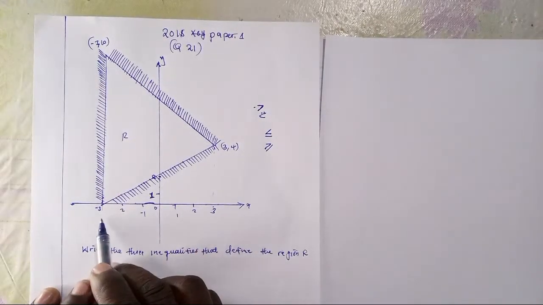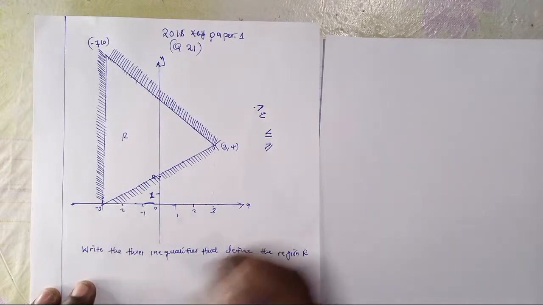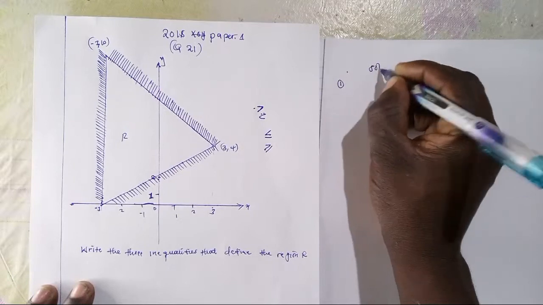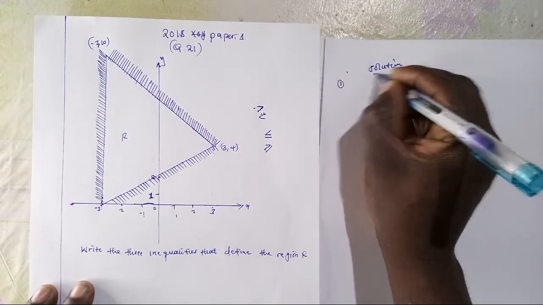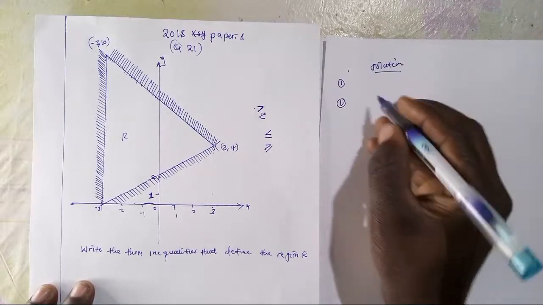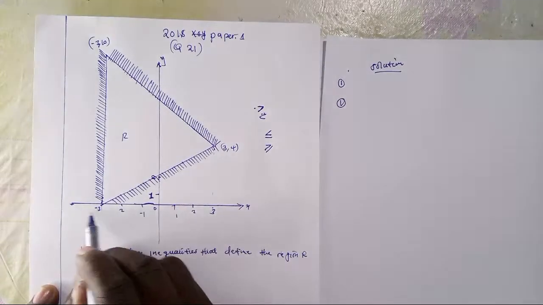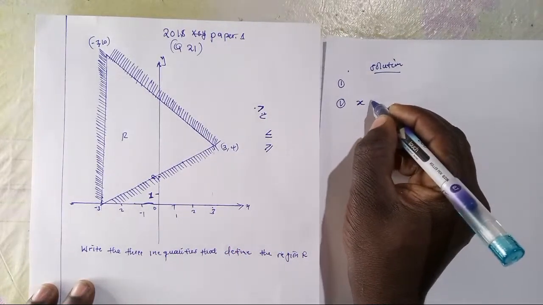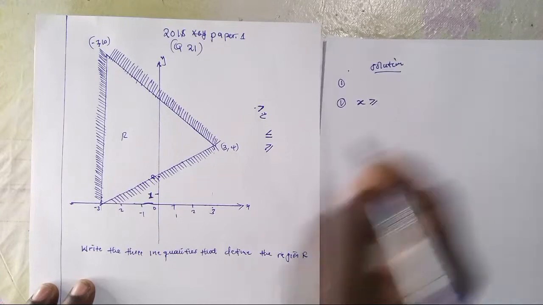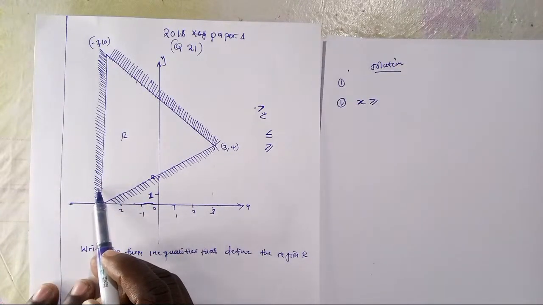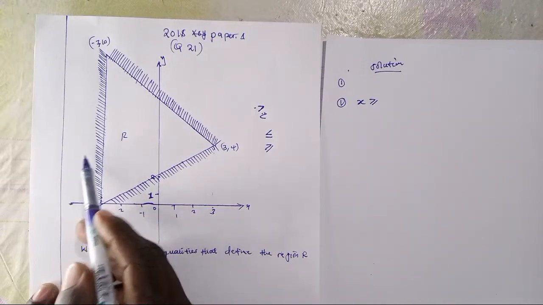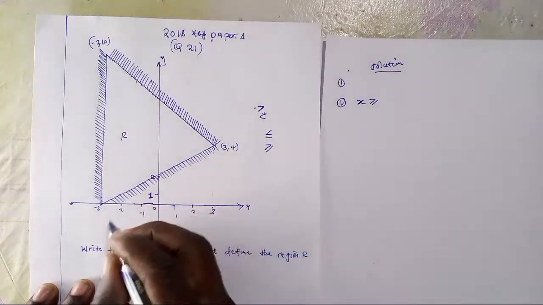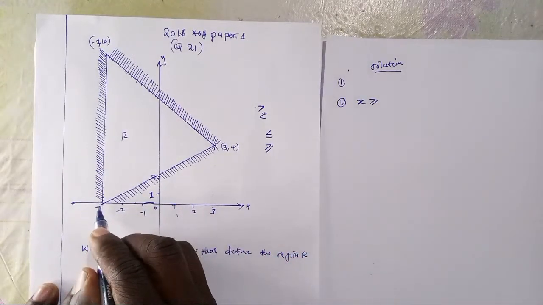So this line passes through (-3, 0). So that means our first equation, because it is passing the x-axis, will be x less than or equal to, because this shaded one is below this, because -2 is bigger than -3, right?